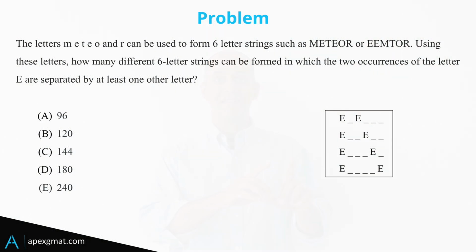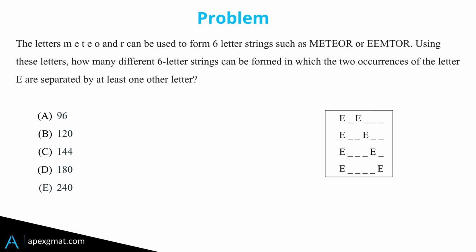From the other side, we can say, how many different ways can we place the E's where it's a success? This is a small enough problem that we can enumerate them. We could also use another formula, 6 choose 2. But we have E blank E blank blank blank.